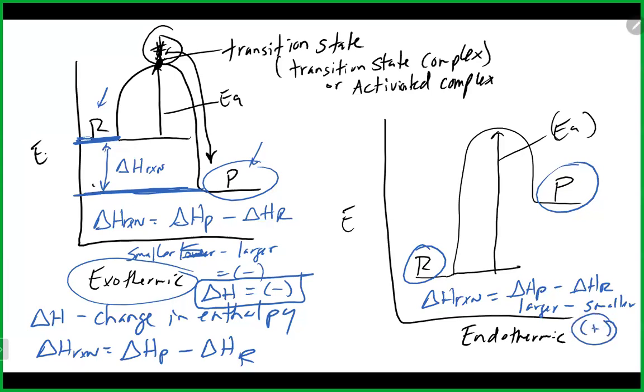And that's also important for endothermic, because if you see the delta H value is a positive value, that pretty much means that reaction is going to be endothermic. That negative value for exothermic and that positive value for endothermic is really important when you're doing energy calculations and you look at energy values.